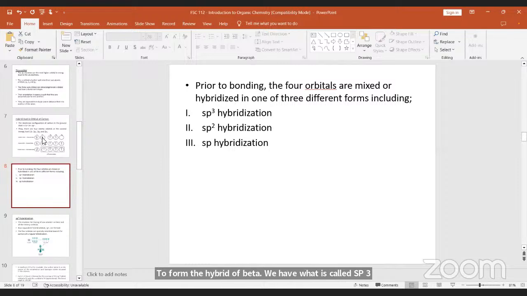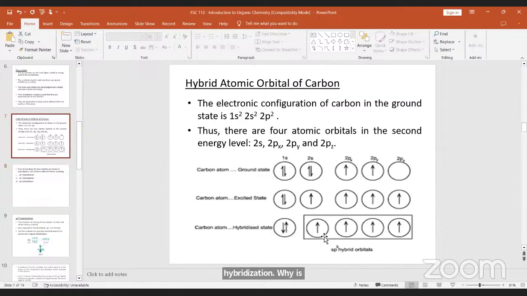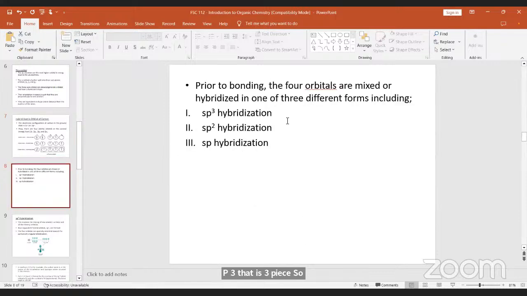Why is it sp3? It means you have s, just 1, p, 3, that is 3 p's. So sp3 hybridization.